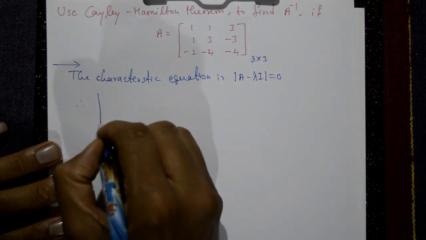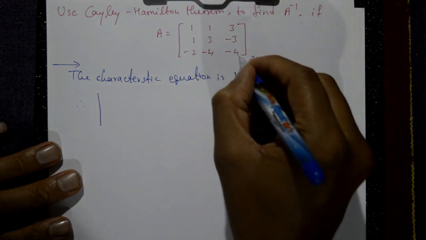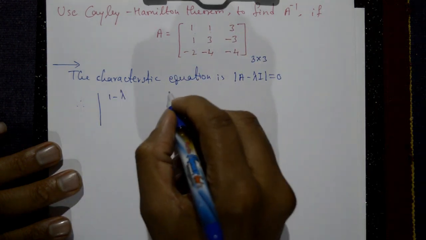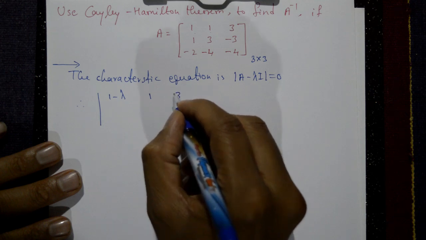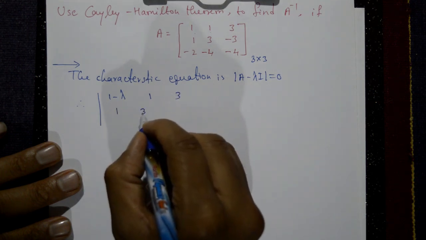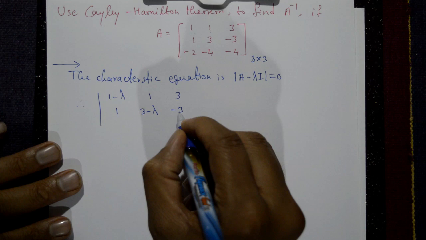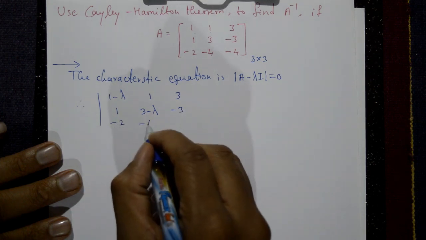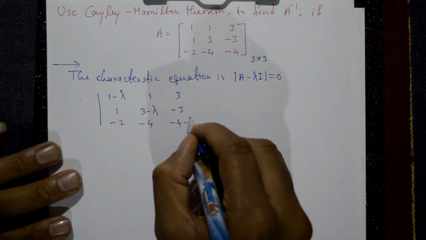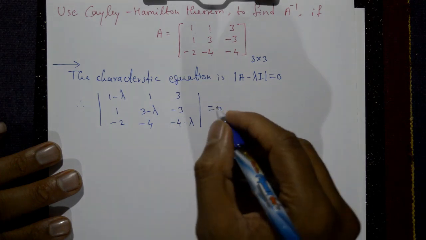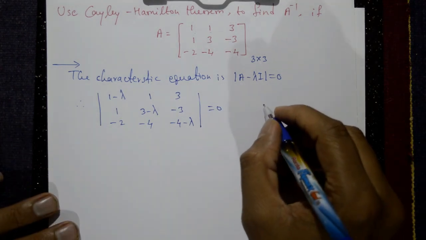Take the determinant, take minus lambda diagonally: 1 minus lambda, 1, 3, 1, 3 minus lambda, minus 3, minus 2, minus 4, minus 6 minus lambda, equal to 0.